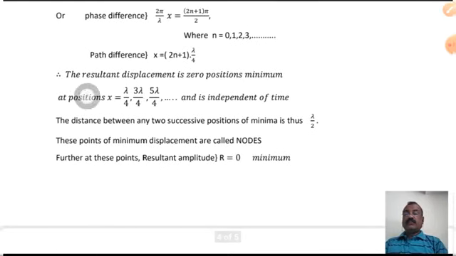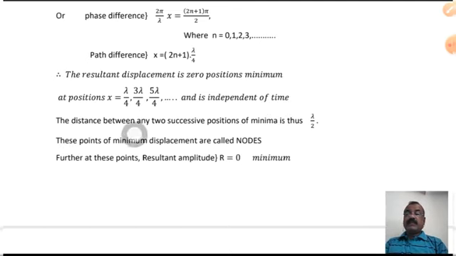Therefore, the resultant displacement is 0 at the positions of minimum, at x equal to lambda by 4, 3 lambda by 4, 5 lambda by 4 from the origin, and is independent of time.